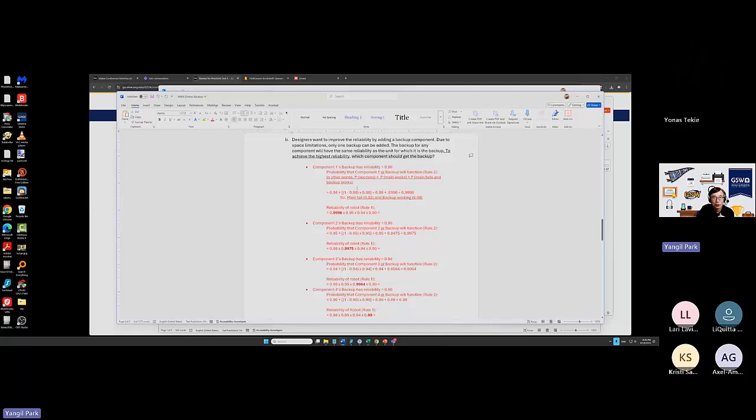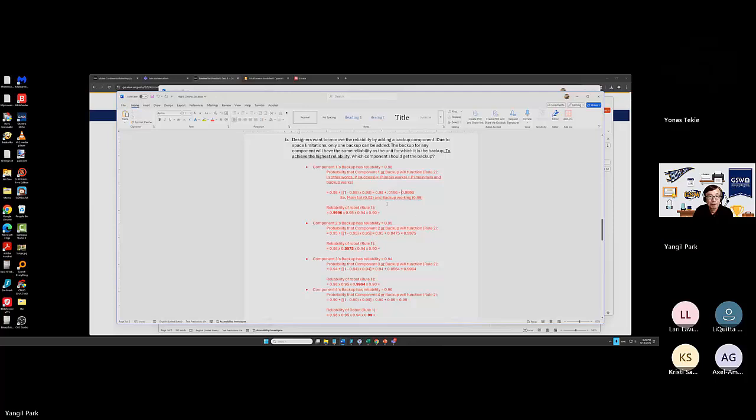This is the probability of main failing but the backup succeeding. You multiply those two, and you find that one of them works, so you get 99.6%.